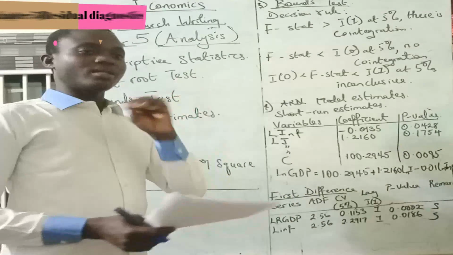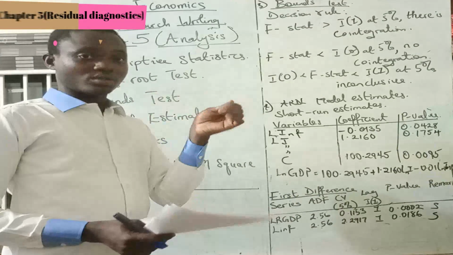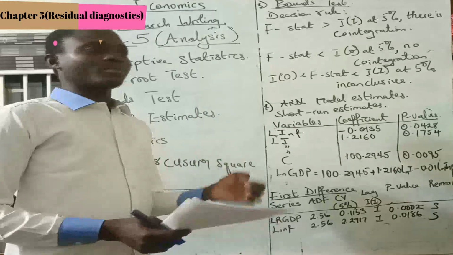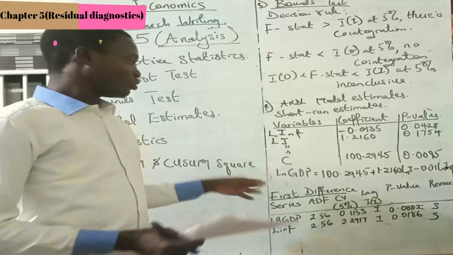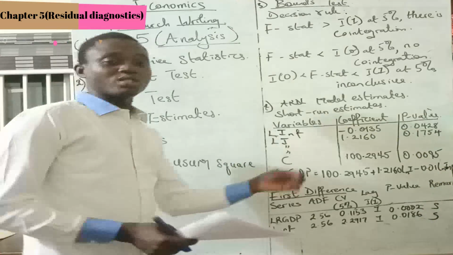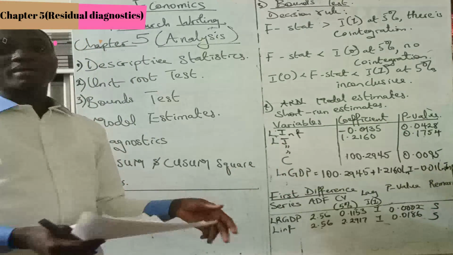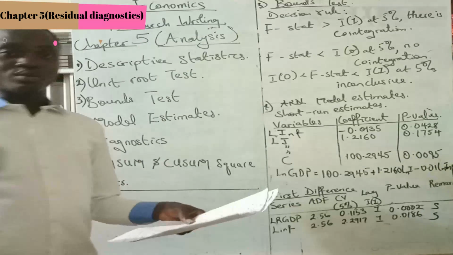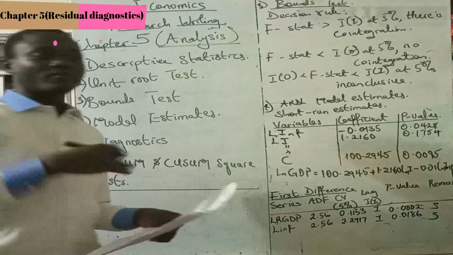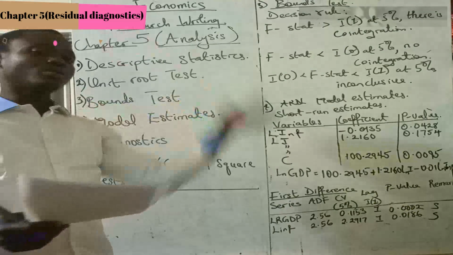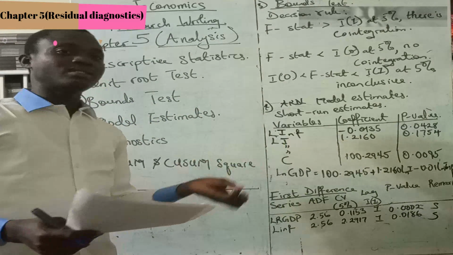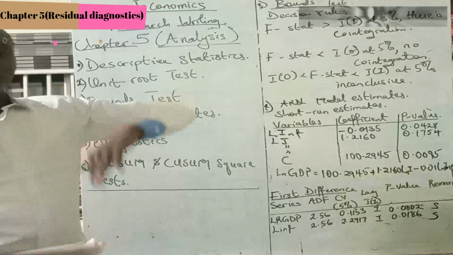By the time your results are out on your screen, sometimes you might see the lagged value of your dependent variable. For example, you have lean GDP, and in some results you might see lean GDP(-1), that is the lagged value, the previous year's value of lean GDP, which tells you that the previous value of GDP has an impact on the current value of GDP.